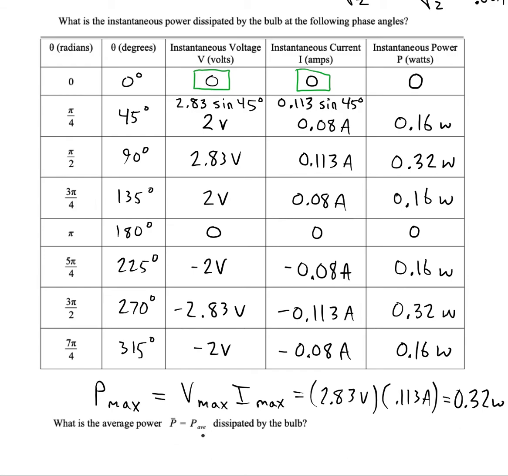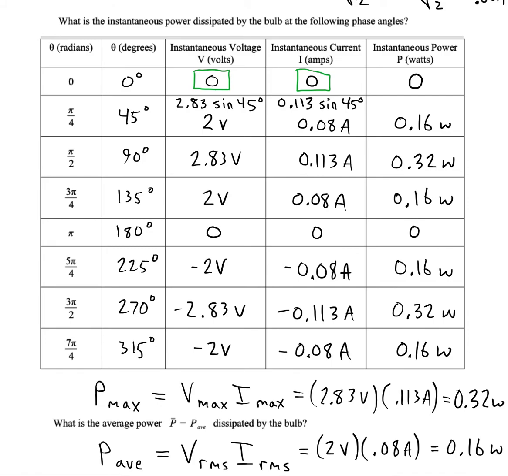But when we find the average power, we can use this formula: VRMS times IRMS. So that'll be 2 volts times 0.08 amps, which is 0.16 watts.